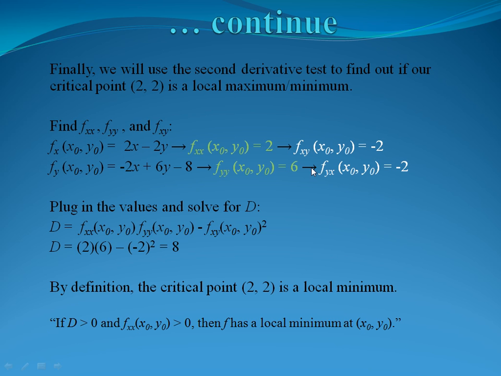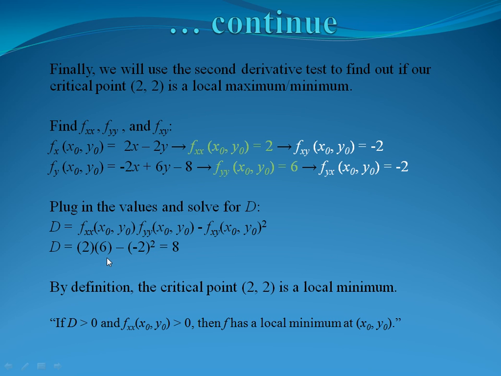Now that we have all four second derivatives, we can solve for D. Using our equation, f sub xx at our critical point (2, 2) is just a constant of 2. So we plug in that. F sub yy we found to be 6, so we have 2 times 6 minus the mixed partial, which is negative 2 squared.